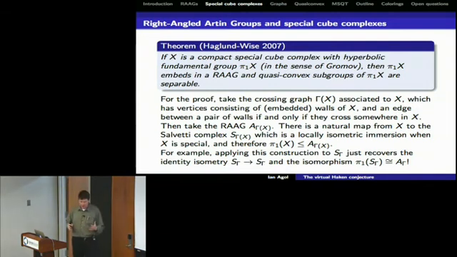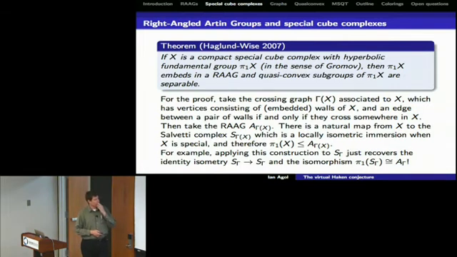Namely, there's a certain convexity condition. If they're represented by a locally isometric immersed cube complex, then it was proved by Haglund that those are separable subgroups. So the subgroup separability here comes from a geometric form of subgroup separability that holds for right-angled Artin groups.